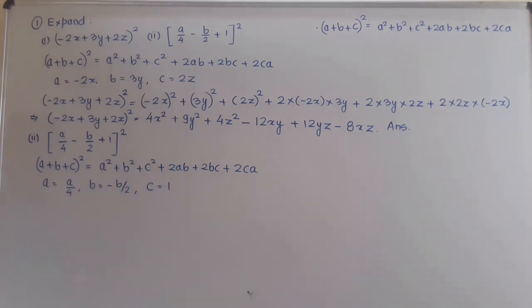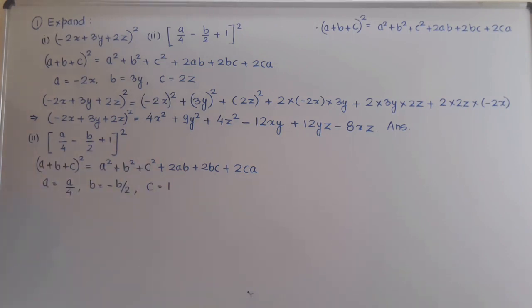Actually you should not take the same letters, but since the question is very small and in the examination formulas are not required, directly expansion is required, I wrote this only for your understanding. Now you see, all these three values I am putting in the formula.